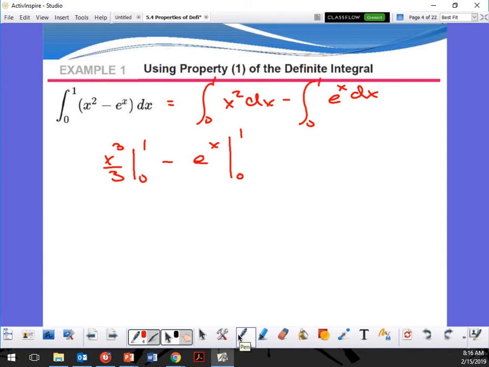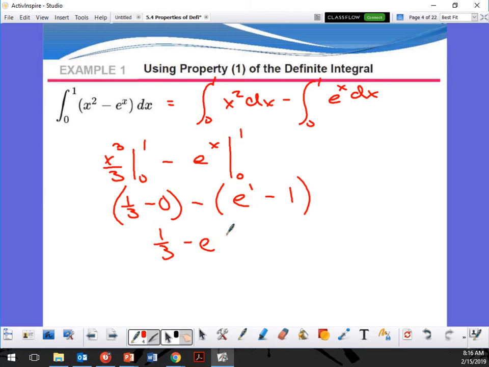Okay, so let's go ahead, top minus bottom. It's going to be 1/3 minus 0, right? Minus e to the 1, minus e to the 0. Anything to the 0 power is 1. So distributing my negative, it's going to be 1/3 minus e plus 1.